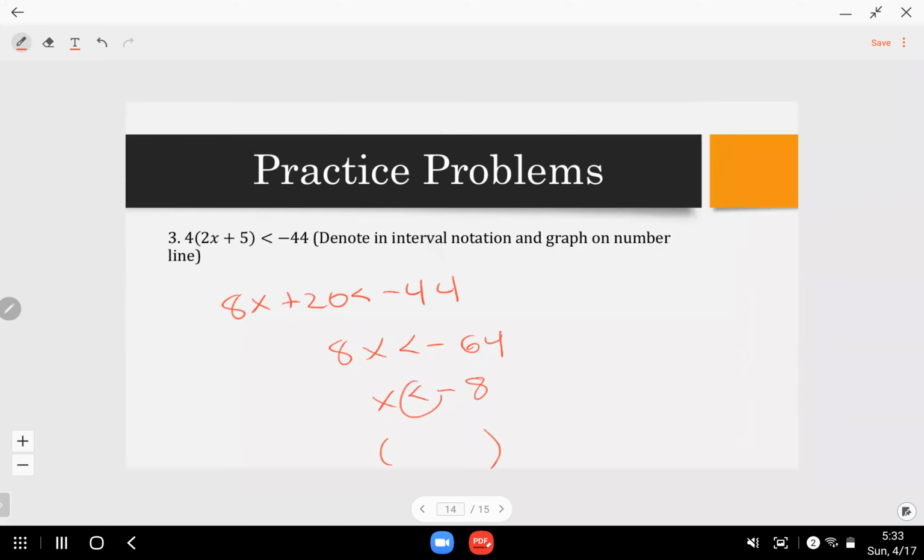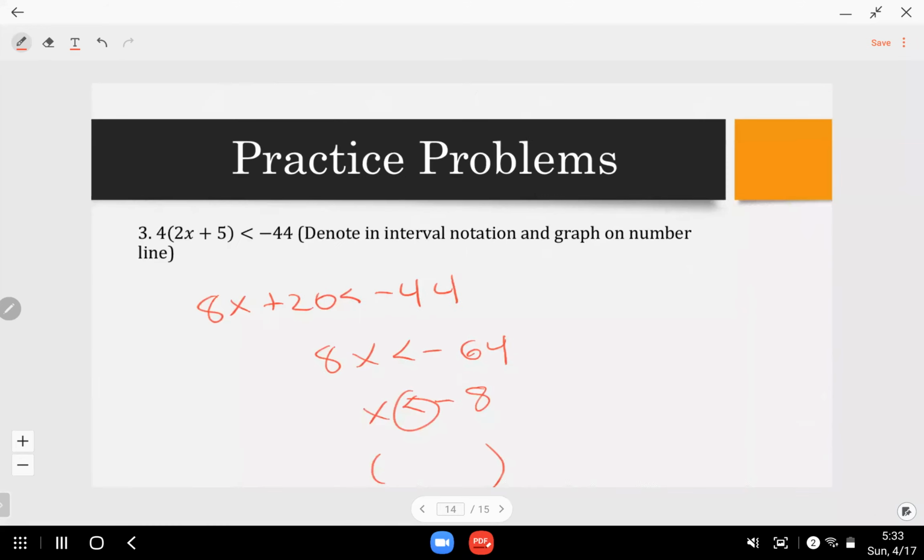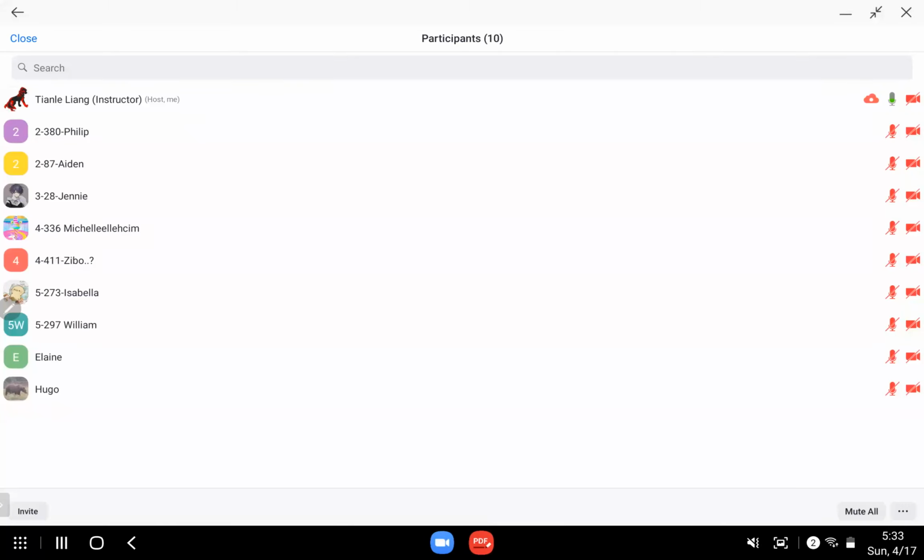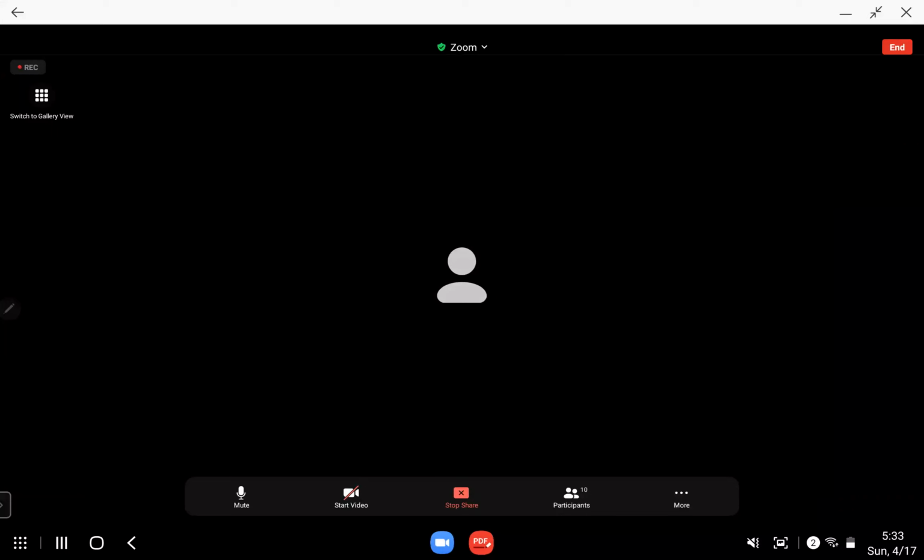And it's not included, so regular parentheses. It's the bigger number, and this is negative infinity. Our number line will be pretty easy too. So 0 on this side, negative 8 here, not included, so open circle, and we're going to the left, right? So hopefully everybody got that. Does anybody have any questions? Nope.